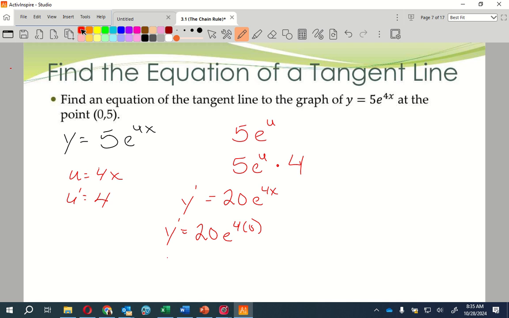So y prime, my slope, is 20. Or I prefer writing it in function notation, which would mean that f prime of 0 is 20. So when my x value was 0, in the derivative, my slope is 20.